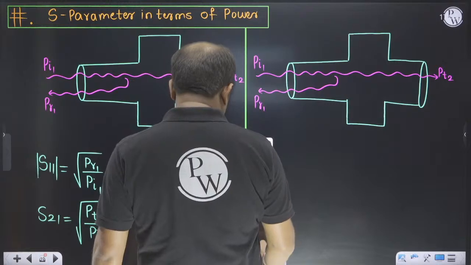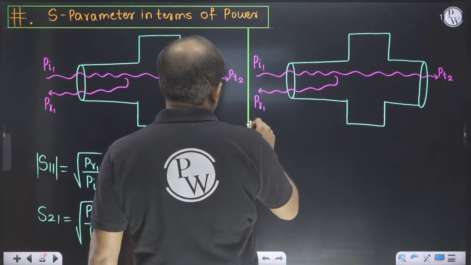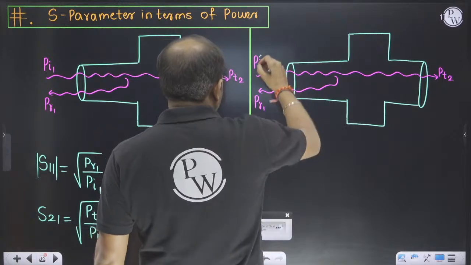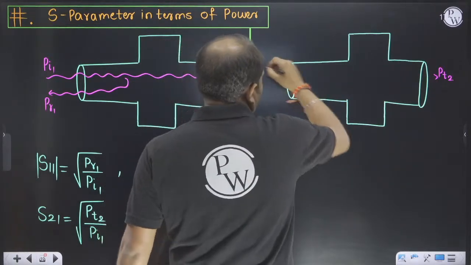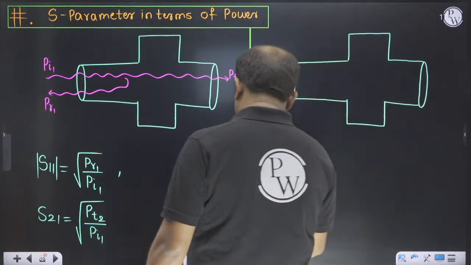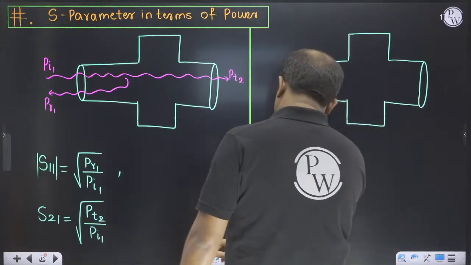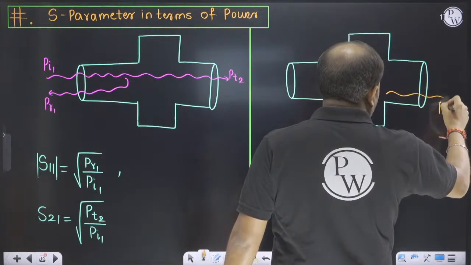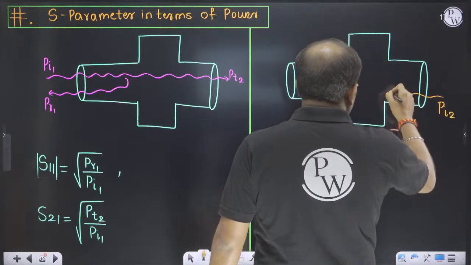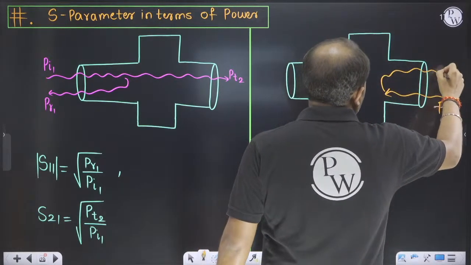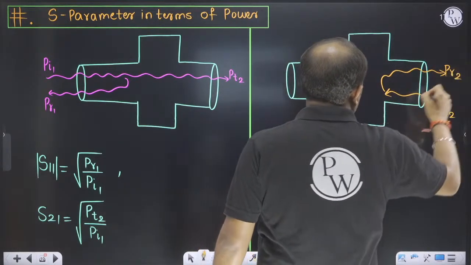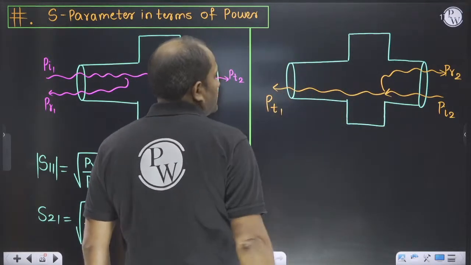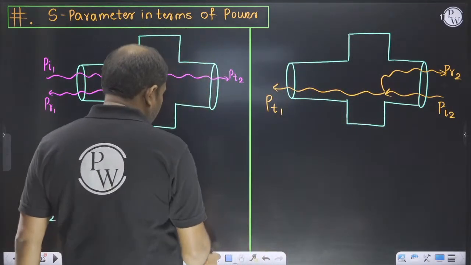If from the second port you incident wave Pi2, then there is a reflected wave Pr2 and there is a transmitted wave Pt1.